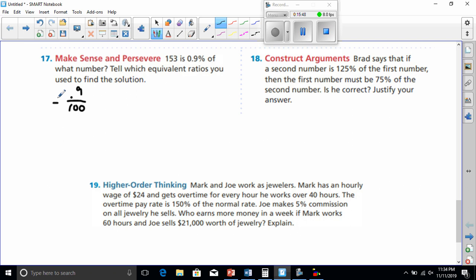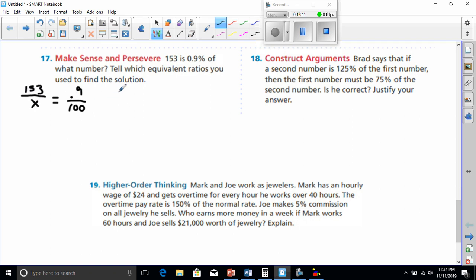And that has to be equal to, it says 153 is 0.9% of a number. So that means it's not the whole, it's the part. And the whole on the bottom is what we're trying to find out.